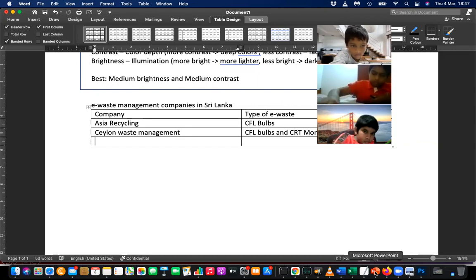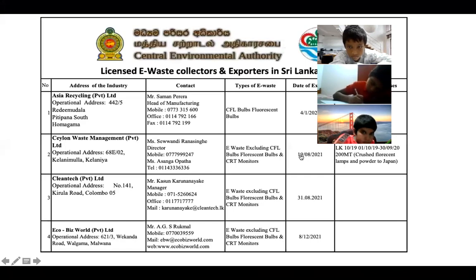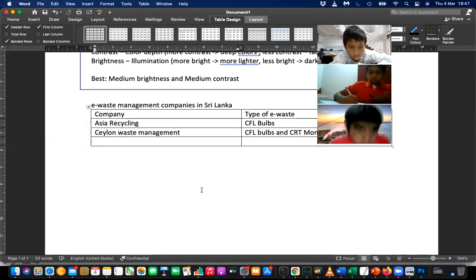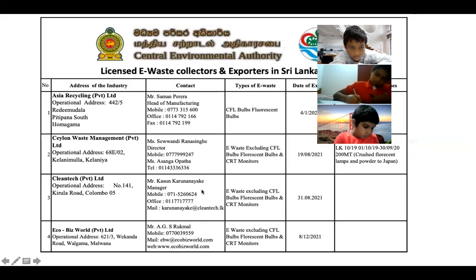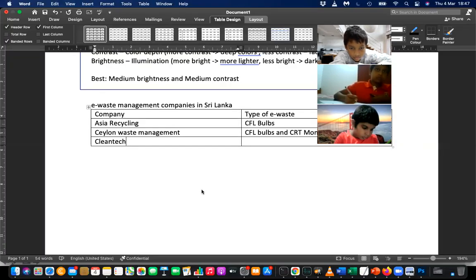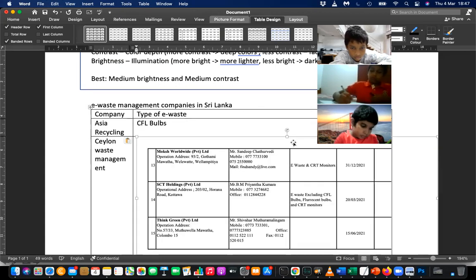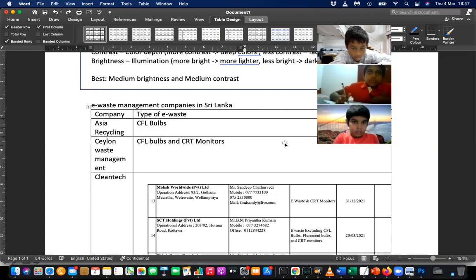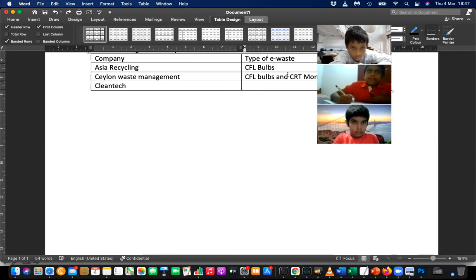The third company is Clean Tech. They are managing CRT monitors and CFL bulbs.